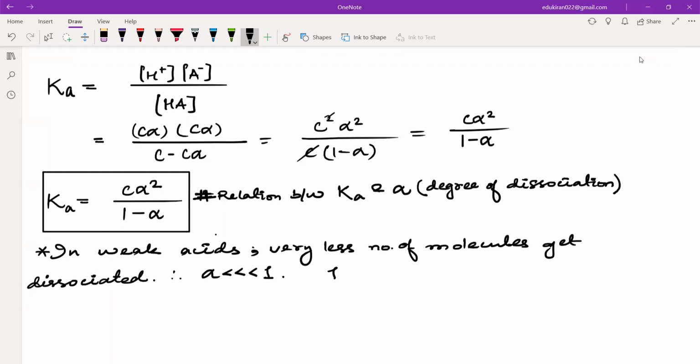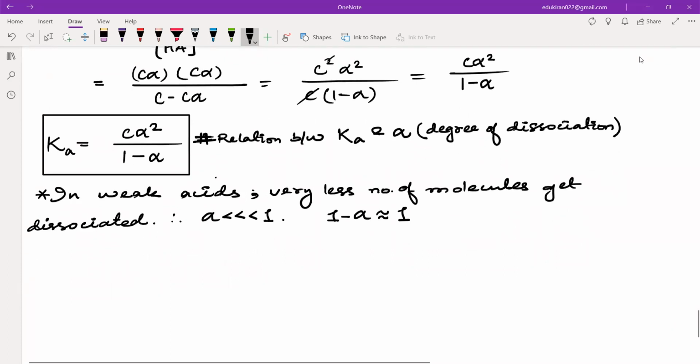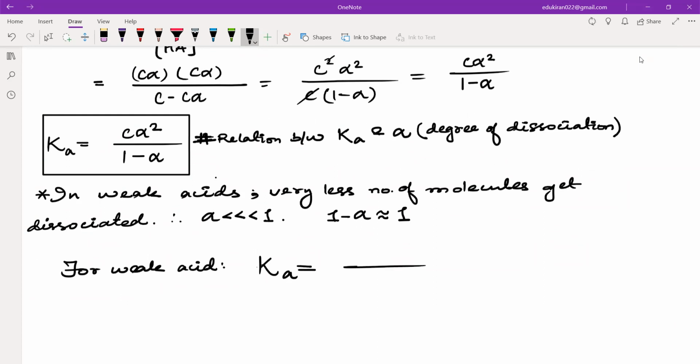And hence I can say that 1 minus alpha will be approximately equal to 1. Hence, for weak acid, Ka will be equal to C into alpha square divided by 1.